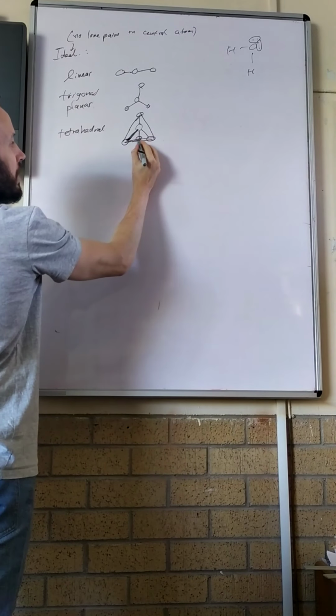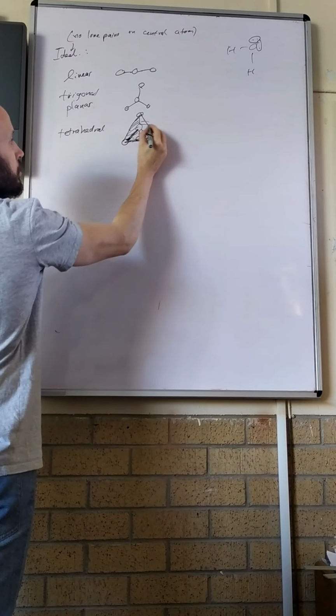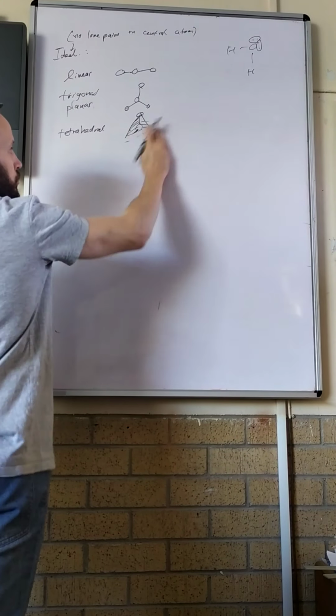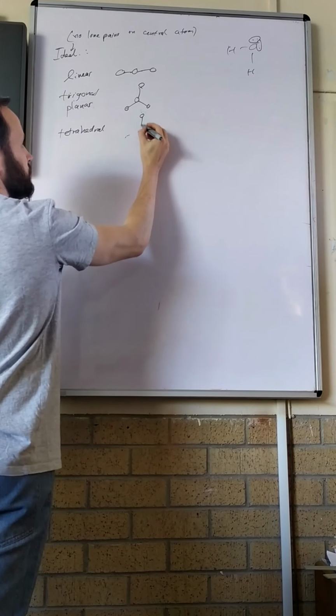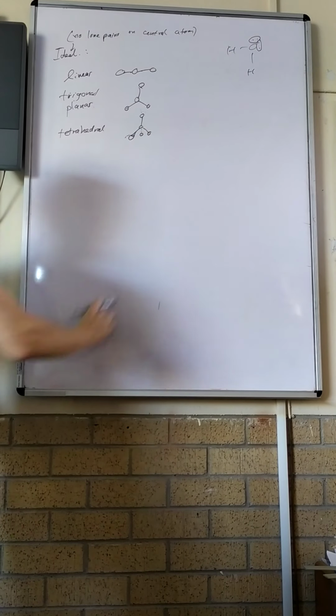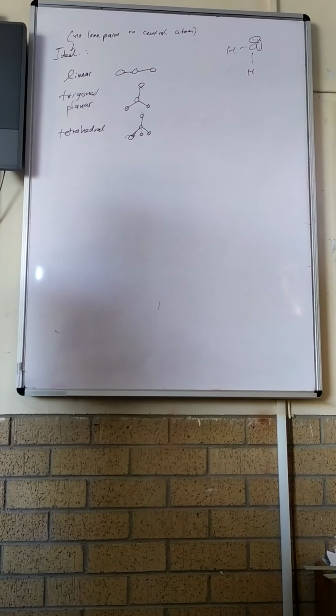You get one side, two sides, three sides, and then the front side is the fourth side. Okay, so let's just go back to this nice thing here. Tetrahedral. That's the ideal shape.